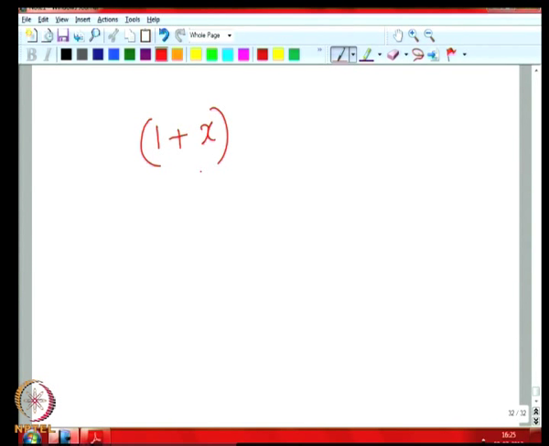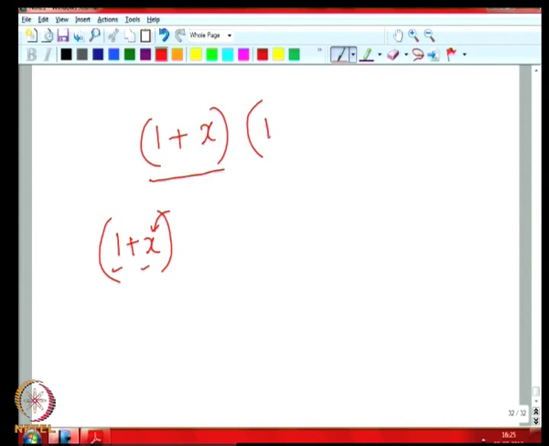So this is 1 plus x. Earlier we used to write 1 plus x square plus x cube plus like this, an infinite power series. But that only meant that we are allowing to take 1 one or 2 ones or 3 ones or whatever number of ones we want. But now we say we won't allow 2 ones or 3 ones or more ones. So we will allow just 1 one or 0 ones, that's it. So 1 plus x is allowed.